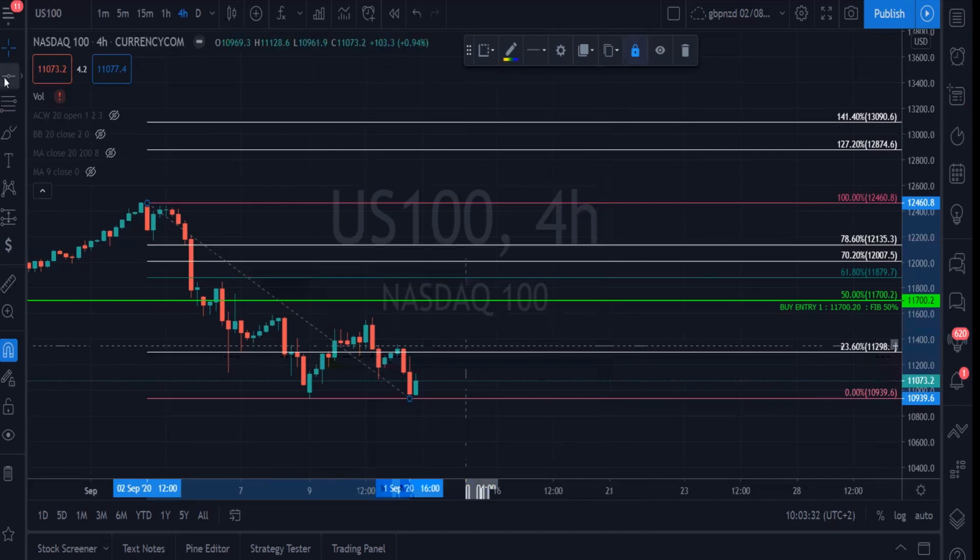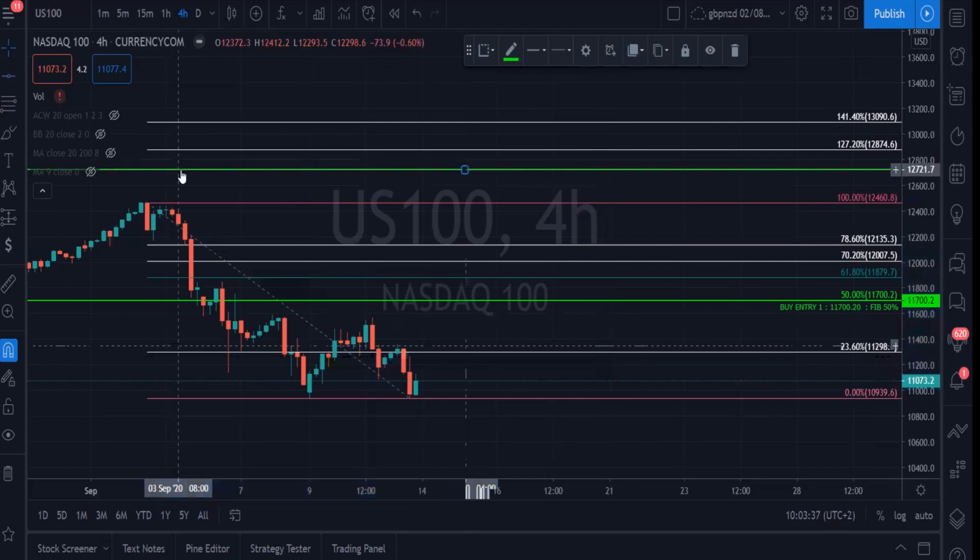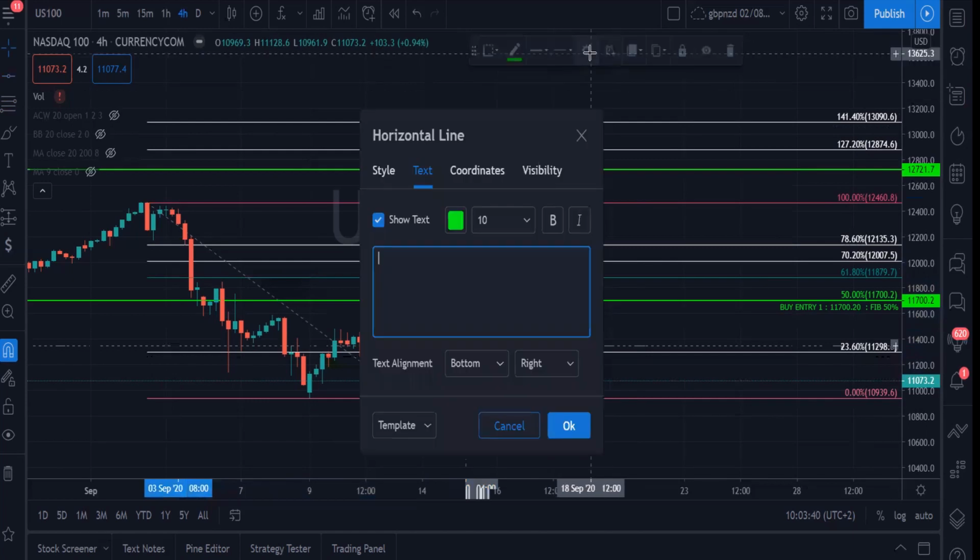Right, so I click on this icon at the left hand side. I place it anywhere on the chart. Then I go to edit it, okay? Then I'm going to call this buy entry 2.